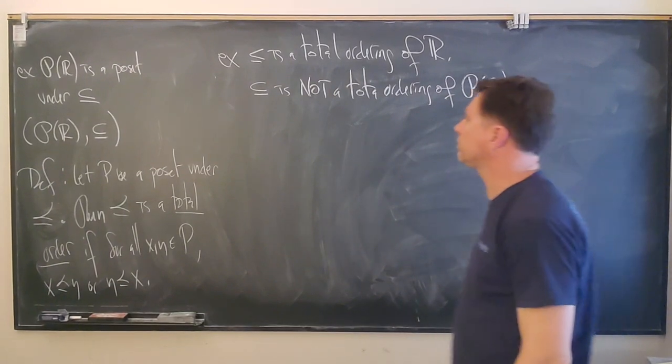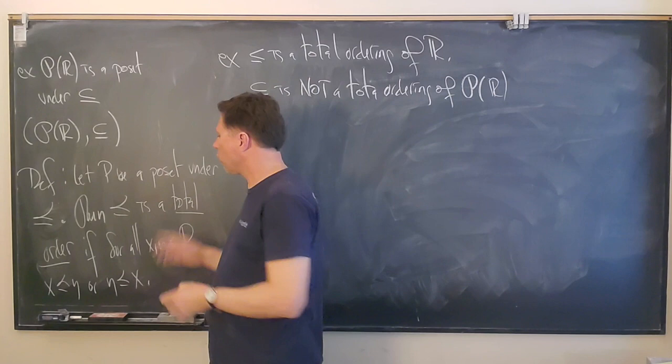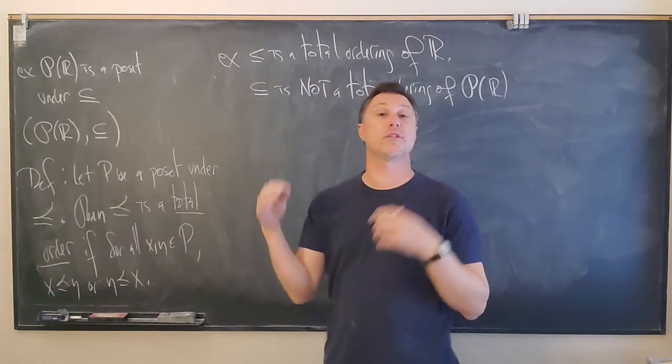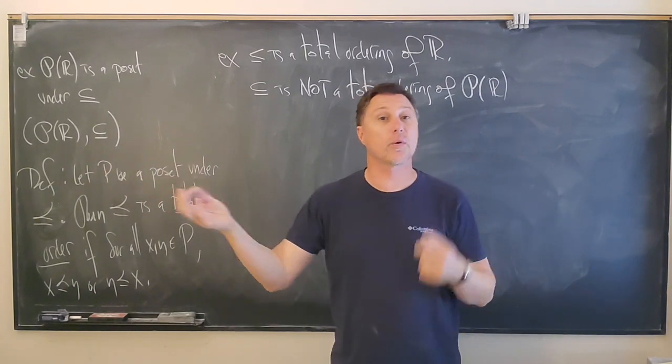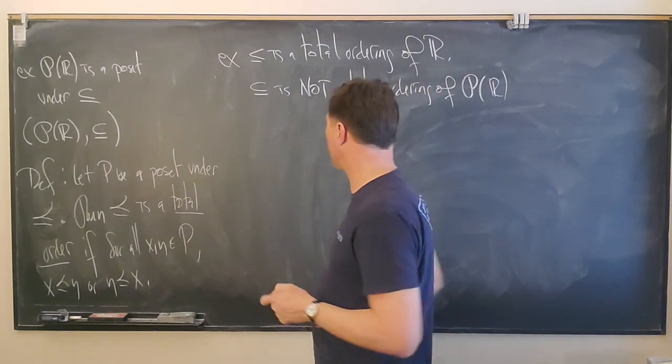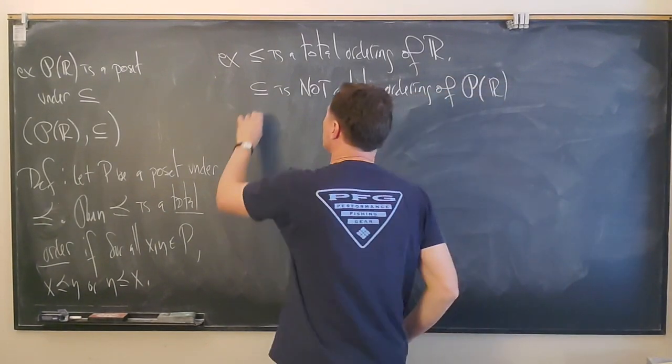And the reason, right? So what is this definition saying? When you have a total ordering, it means that you can always compare elements. One is always bigger than the other. One is always related to the other in one way or the other. And so subset is not a total ordering, and here's the reason.